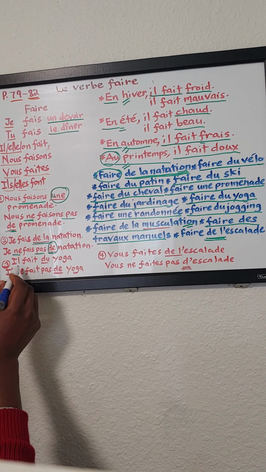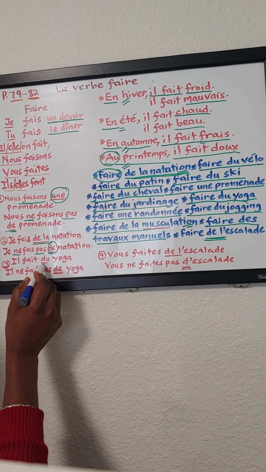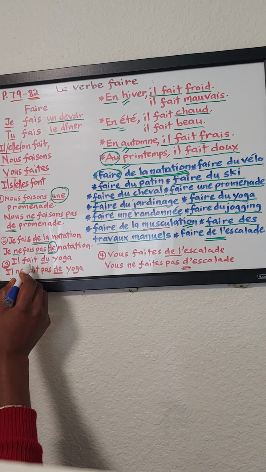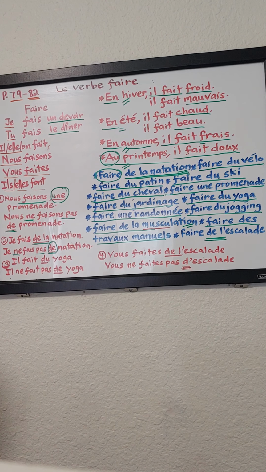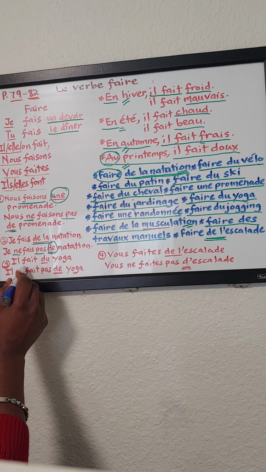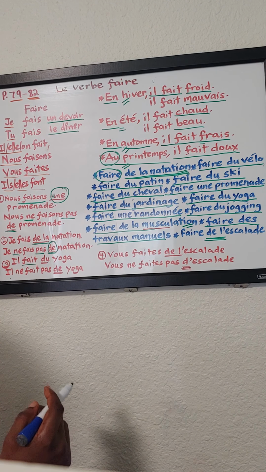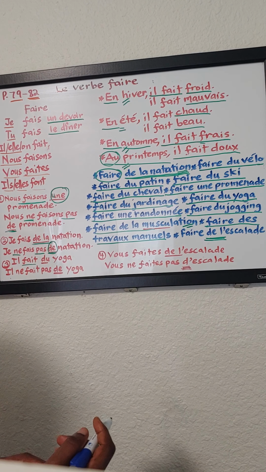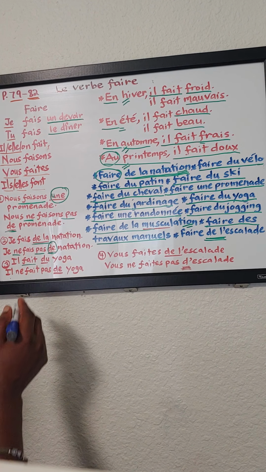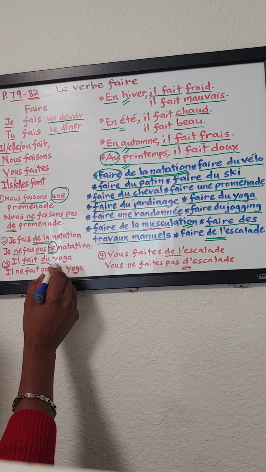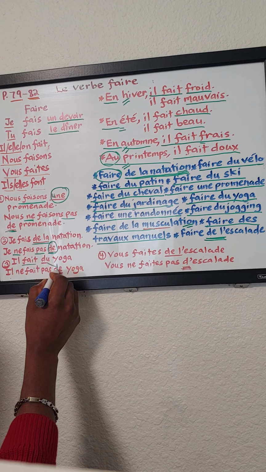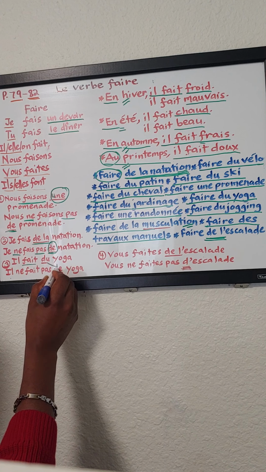Okay? Now, il fait du yoga. He is doing yoga. If you want to say he does not do yoga, then you will change the verb into its negation by using ne and pas, and then the du will change to de.